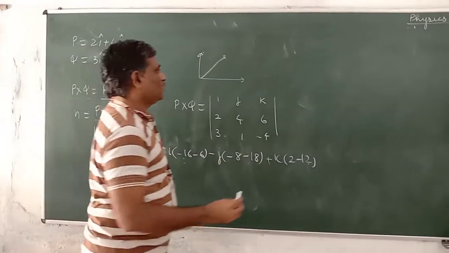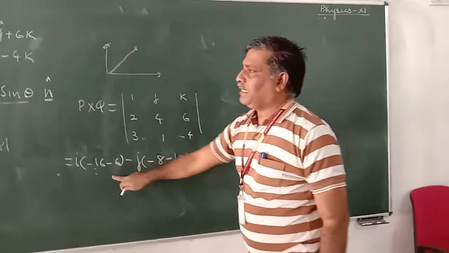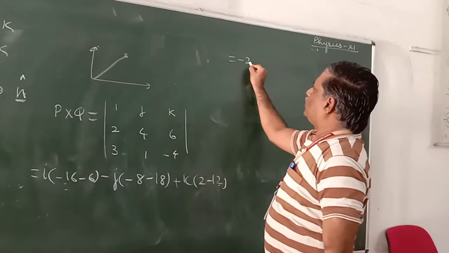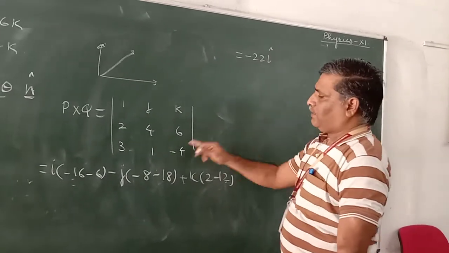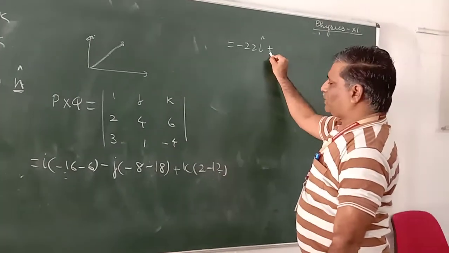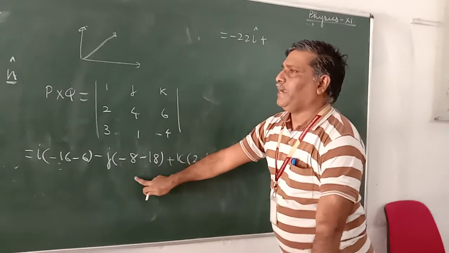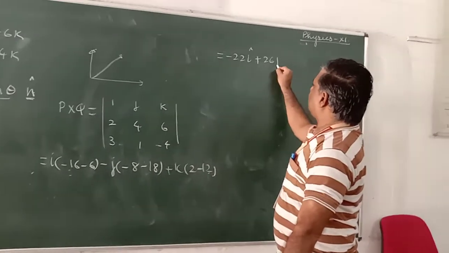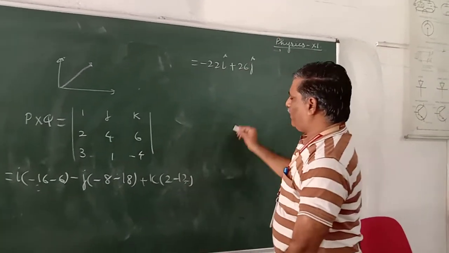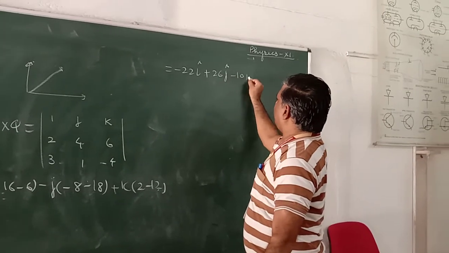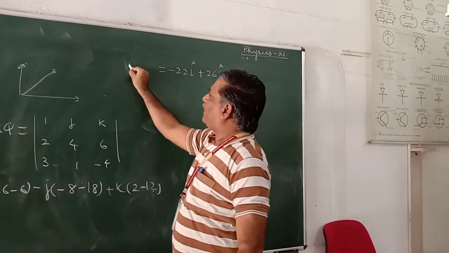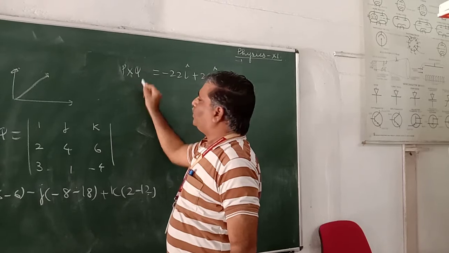So that becomes minus 22i, plus 26j, minus 10k. This became P cross Q.